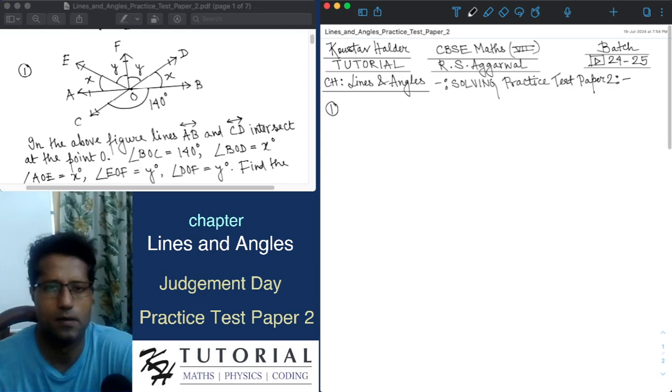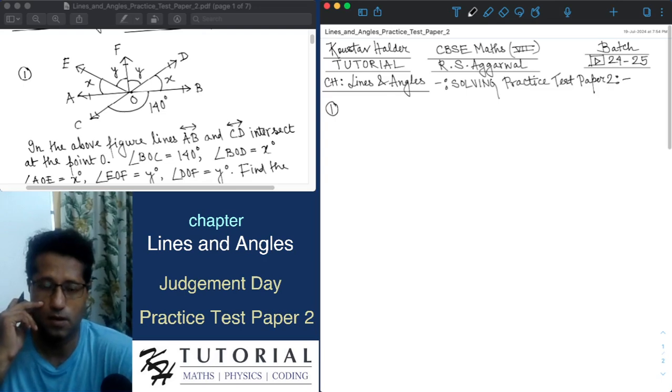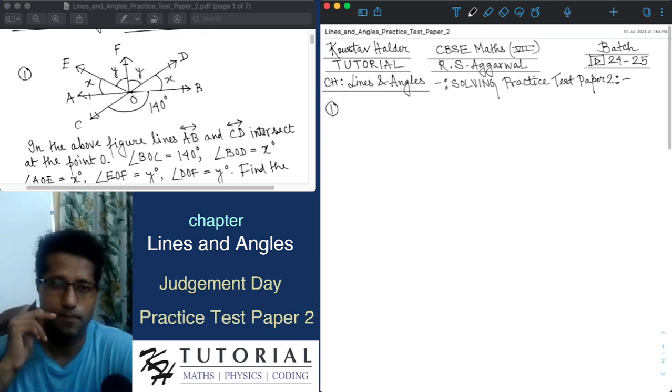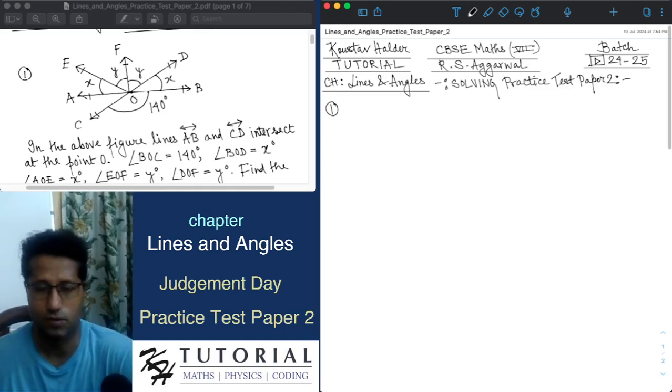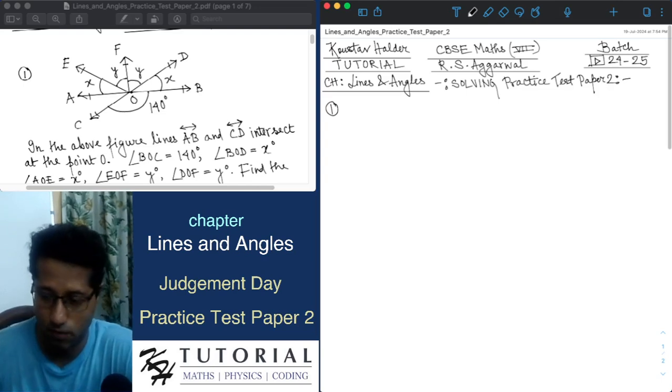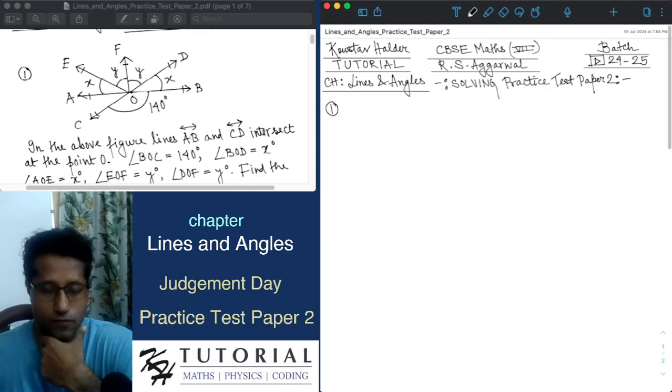Whenever two lines are intersecting at a point, always try to see the vertically opposite angles. The first thing, always look for that, that vertically opposite angles are equal, and how it is helping to solve your problem.